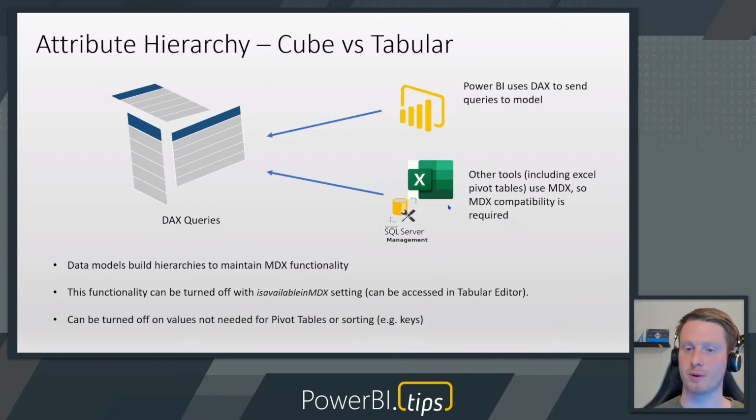Some DAX may also be a bit slower because some of the DAX, such as top N, I believe, actually uses this attribute hierarchy because it has that built-in sort order. So it can quickly use that. Otherwise, it will have to compute on the fly. So we have to be really careful if we want to turn these columns off. But it's very important because we will see exactly how the columns are made, and this will be a big impact on the storage.